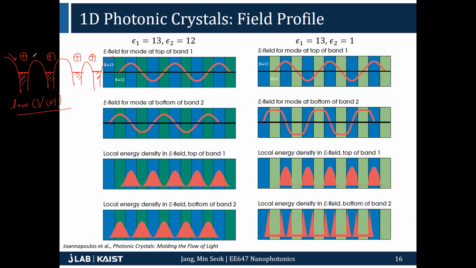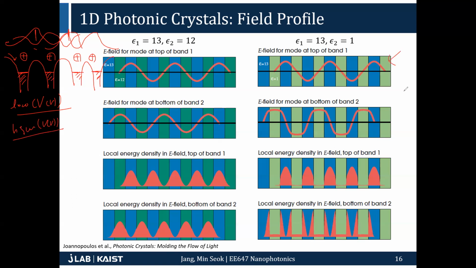Whereas free electrons tend to be in free space, which of course has high potential energy compared to the lattice point. So the conduction band tends to go to the high potential.